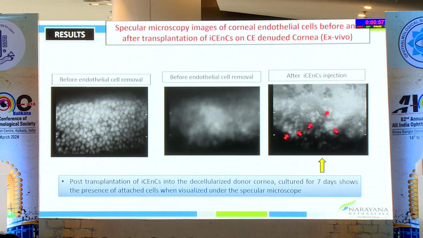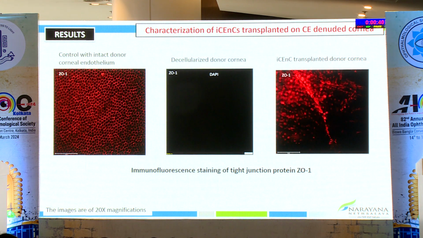These are the specular microscopy images of these cells before endothelial cell removal. After endothelial cell removal, you can see no cells visible there. And after the cell injection, you can see that the cells have started adhering. They will be visible only if they adhere. Otherwise, they would not be visible.